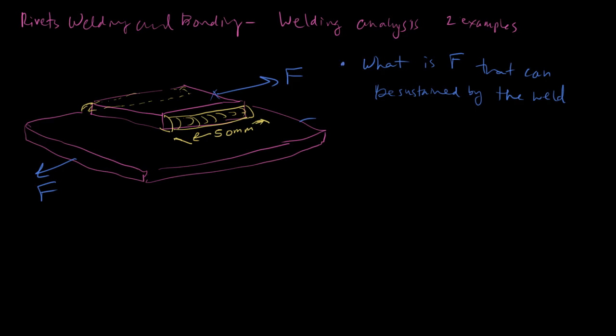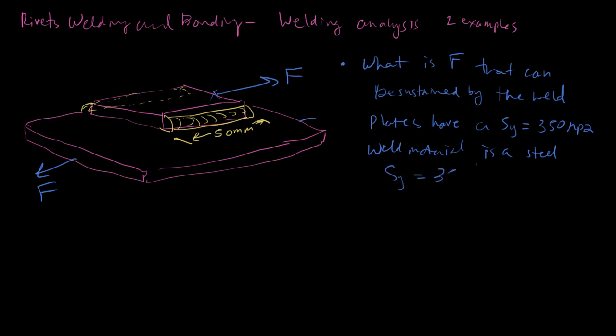But the question is, what force F can the loads sustain if the plates have a yield strength of 350 megapascals and the weld material is a steel recipe that has the same yield strength, 350 megapascals.